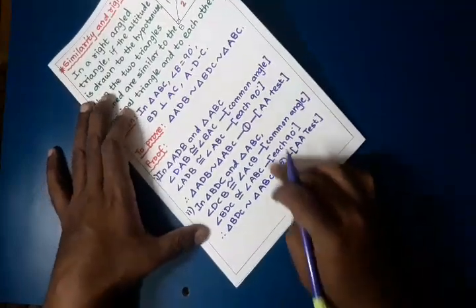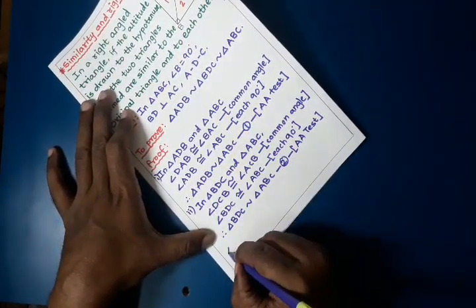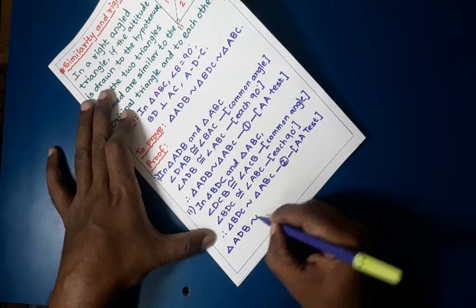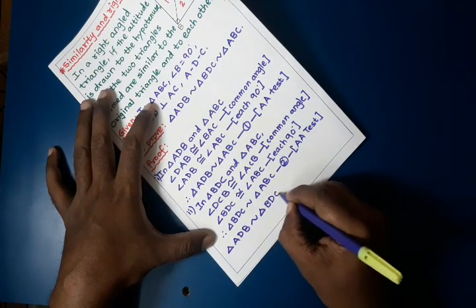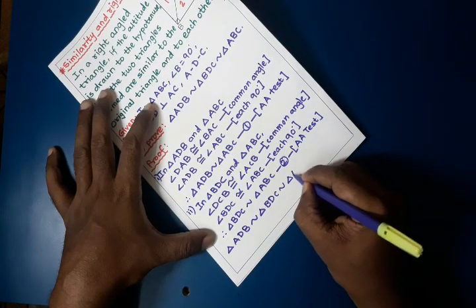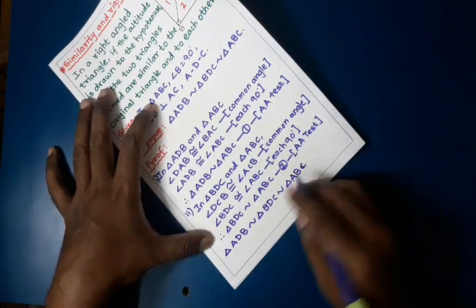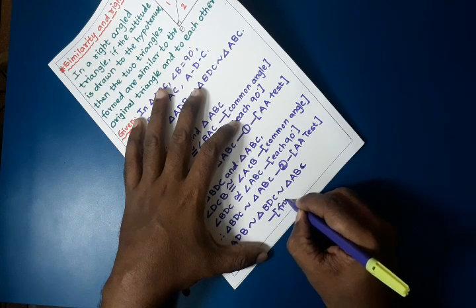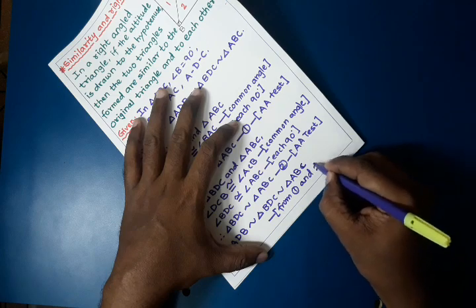And therefore from 1 and 2 we can unify these two statements and write that triangle ADB is similar to triangle BDC and is similar to triangle ABC. You can give here the reason as from 1 and 2.